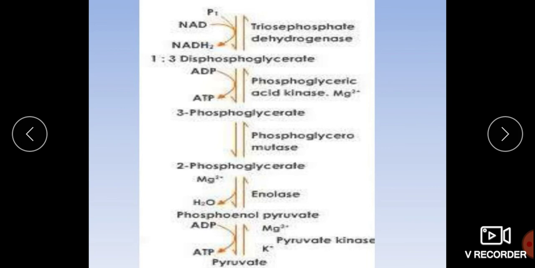And this is a second example of substrate level phosphorylation, and the enzyme for this reaction is pyruvate kinase. From dephosphorylation of phosphoenol pyruvate, there is a production of a pyruvic acid and an ATP molecule. This reaction is an example of a substrate level phosphorylation.